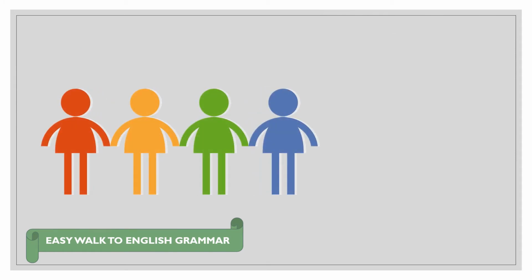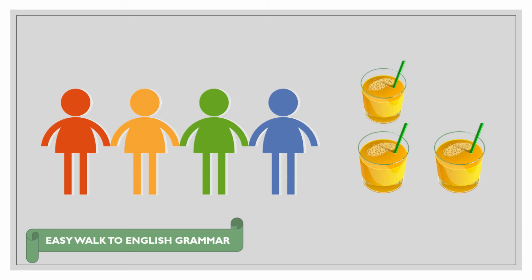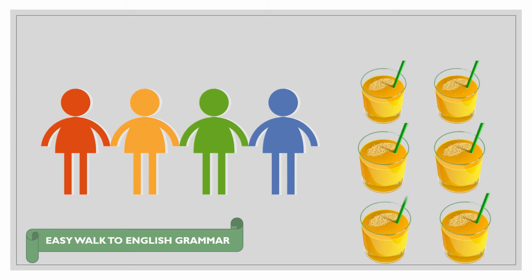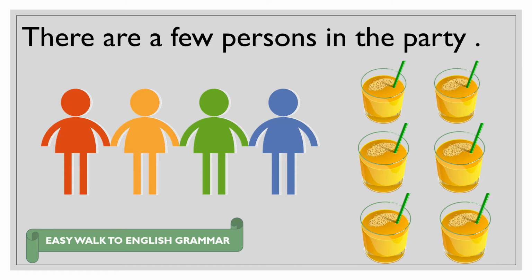Here also we can see four persons, and when we count the glasses of juice, we can see that there are six glasses. Six glasses and four people. Here we can say that we expected up to six persons, and four of them accepted our invitation and arrived. So the quorum is almost filled, and we can say that there are a few persons in the party.